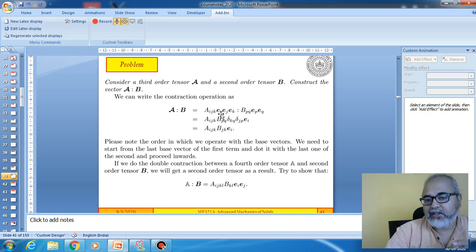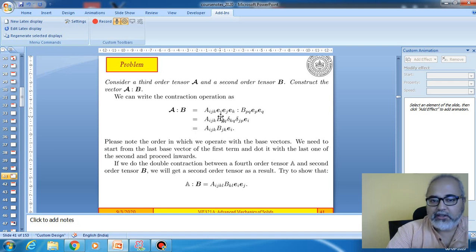And if something is left, so here you did the last with the last, the second last with the second last, then ei was left. ei has nobody to pair with on the right hand side, so ei is left, and therefore the result is a first order tensor or a vector.